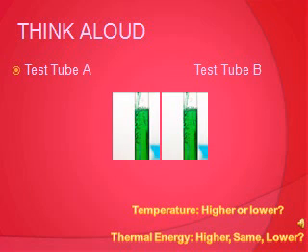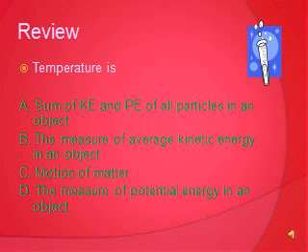Let's consider two test tubes. Test tube A has slightly more green liquid than test tube B. Let's consider temperature. Do you think the temperature in test tube A is higher or lower than test tube B? If you said it probably doesn't matter, neither are higher nor lower than the other, then you are probably most accurate.